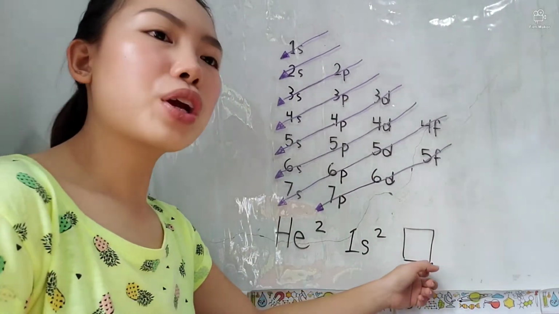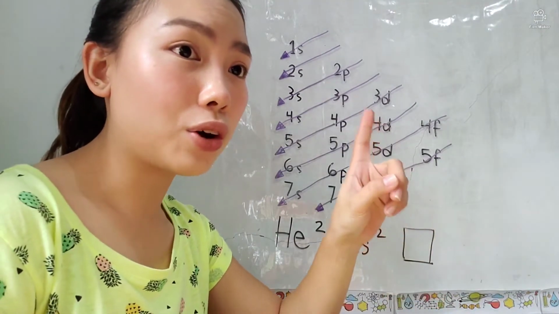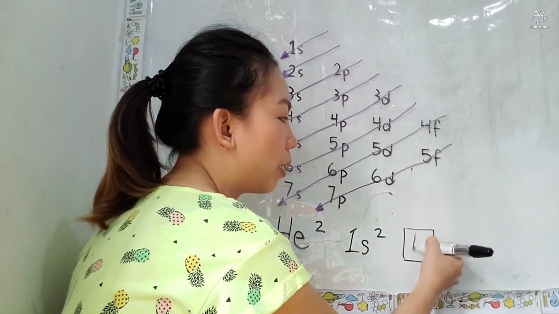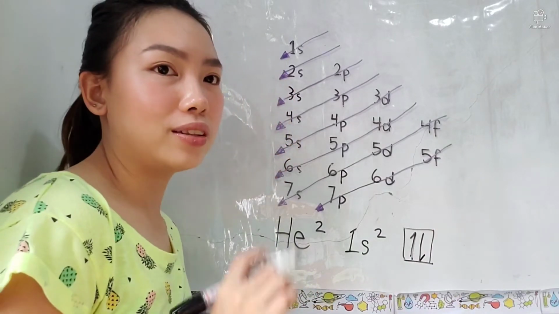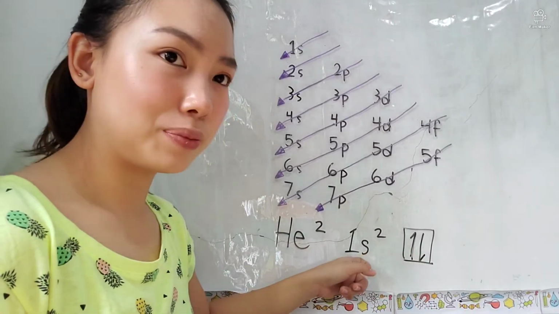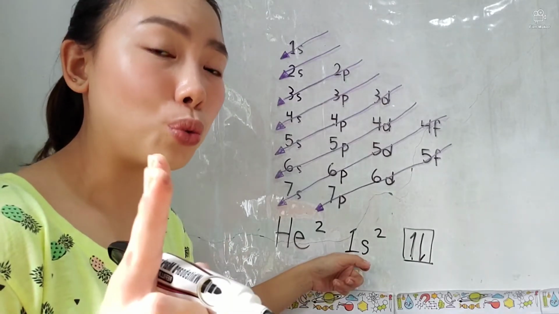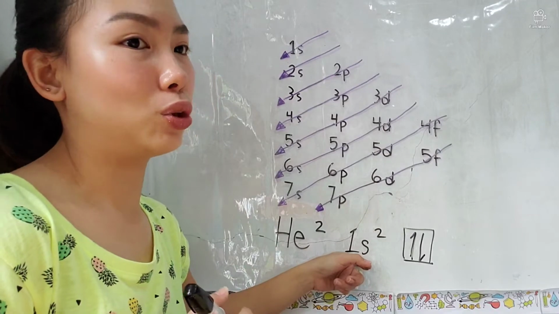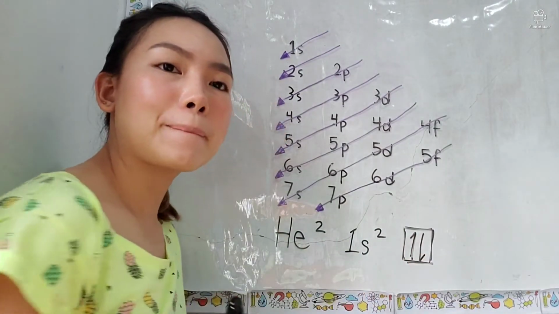Now, for every box, it only contains one arrow up and one arrow down. Isang arrow up at isang arrow down, and that completes one box. Para sa S, since S can hold until 2 electrons, hanggang maximum of 2 number of electrons, then it consists only of one box.